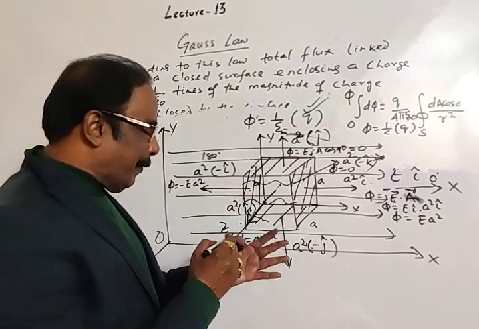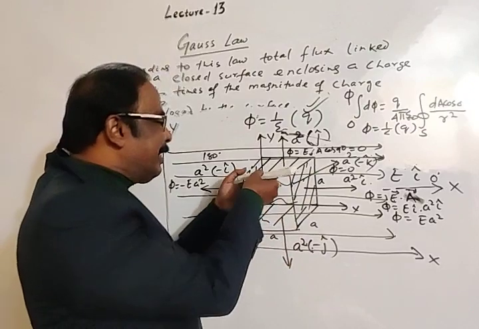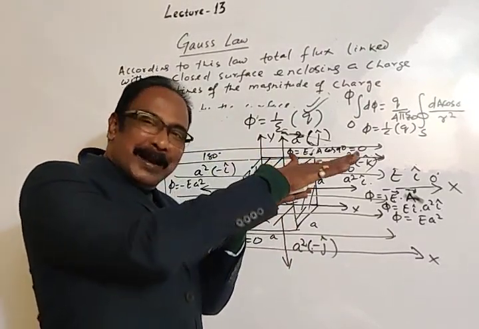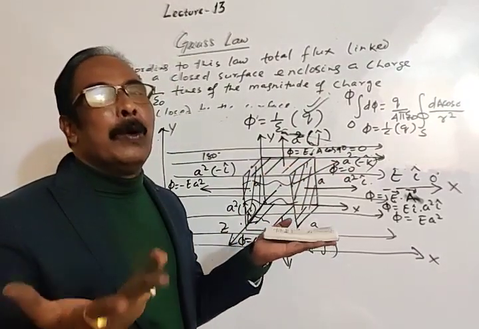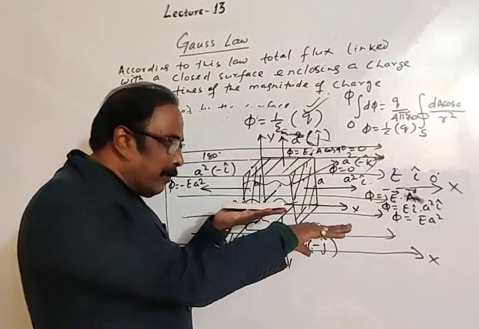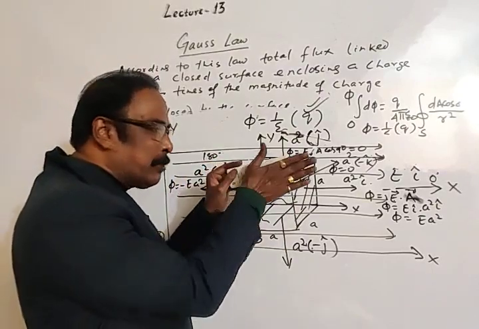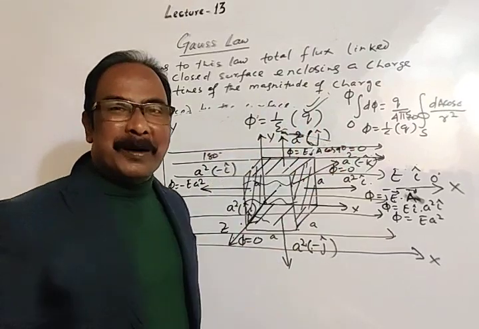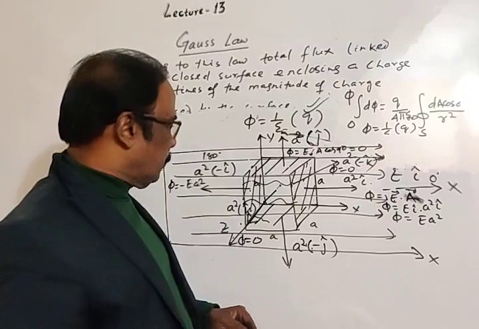Or you may think, for the top surface area, electric field is parallel to the surface. If electric field is parallel to the surface, then no flux is linked with the surface. Similarly, for the bottom surface, the front surface and the back surface, electric field is parallel to the surface, means no flux linked for these four surfaces.